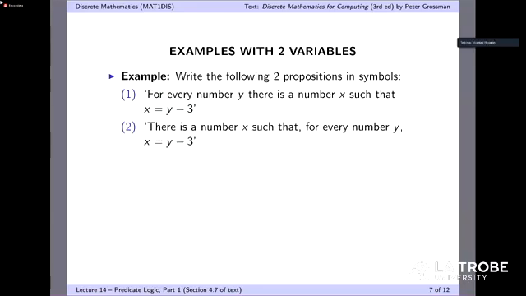Now, there is a number x. So what did I say?